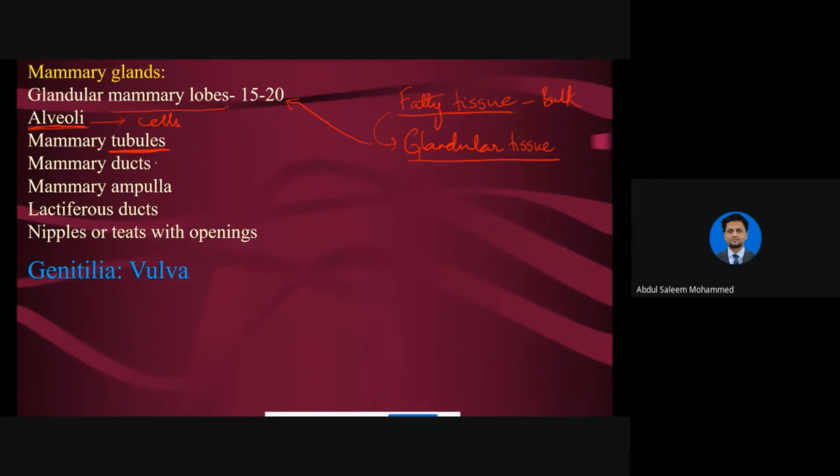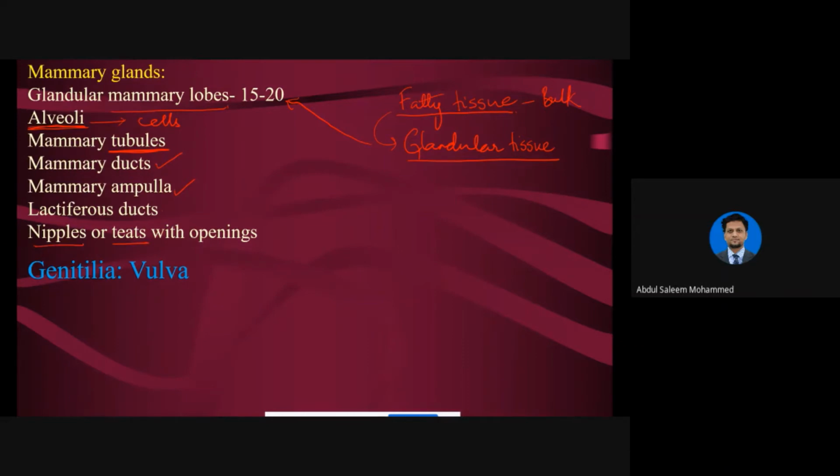Mammary tubules continue as mammary ducts. Then these mammary ducts expand a little bit to be called the mammary ampulla. And then these ampullae further get thinned, and they transform into ducts, which we call the lactiferous ducts. These lactiferous ducts ultimately open outside the body at the tip of the glands, which we call the teats or the nipples.